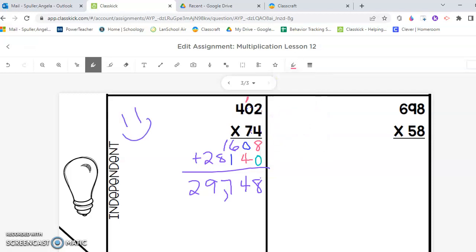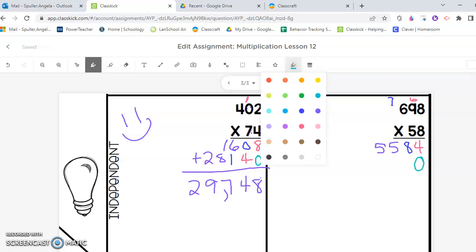The next one, 8 times 8 is 64. Carry the 6. Then we get the next color. So 8 times 9 is 72 plus 6 is 78. Carry the 7. 8 times 6 is 48 plus 7 is 55. Now we need to make sure we put our placeholder.